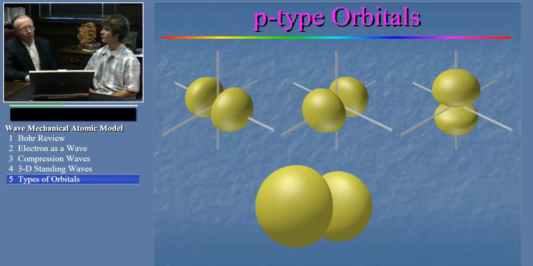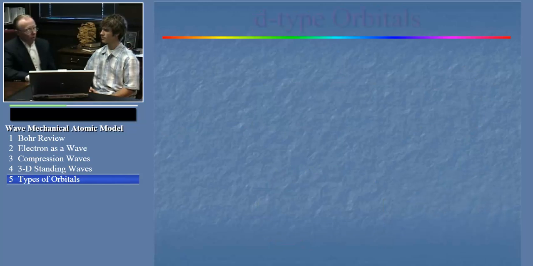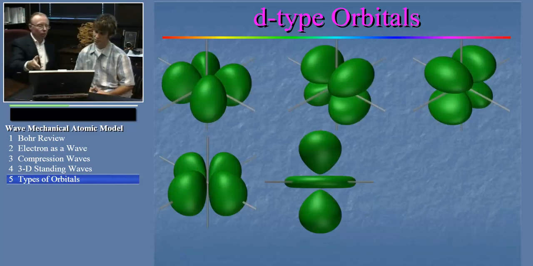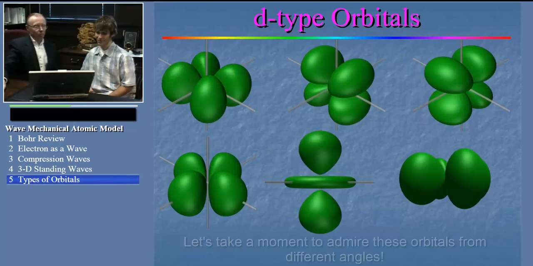Okay, it turns out that there are also d-type orbitals. They are the next type, and they come not in sets of three, but in sets of five. Here they are. Kind of cute, huh? Sure.